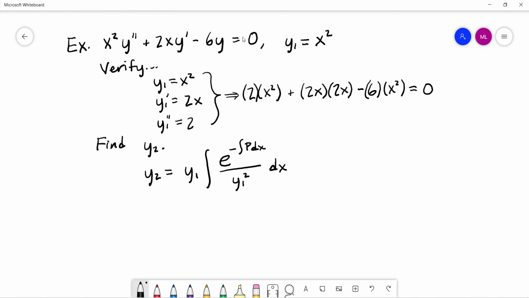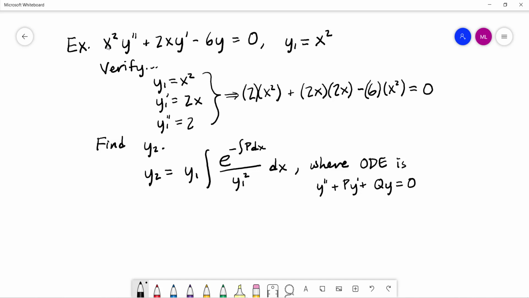Remember, the equation had to be in the form y double prime plus py prime plus qy equals 0. Oops, I missed a prime there. There we go, prime. So I need the leading coefficient to be 1. It is not currently 1.